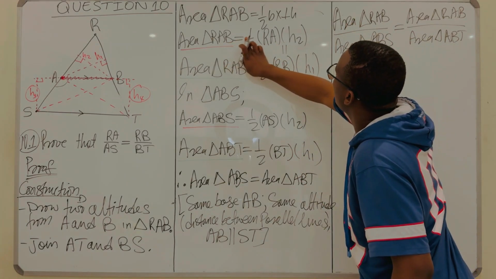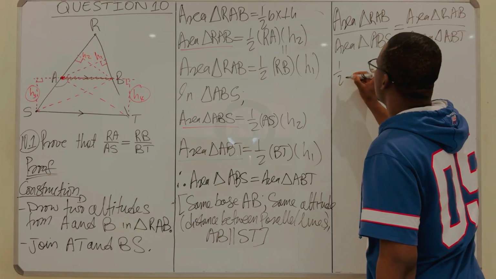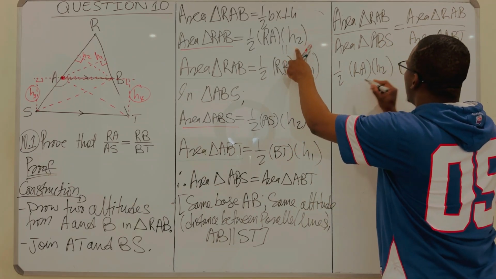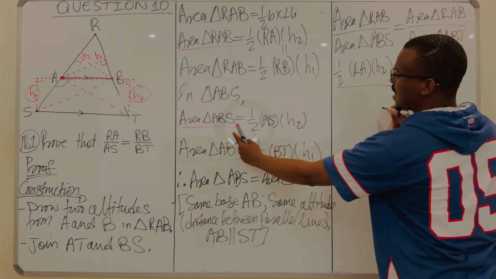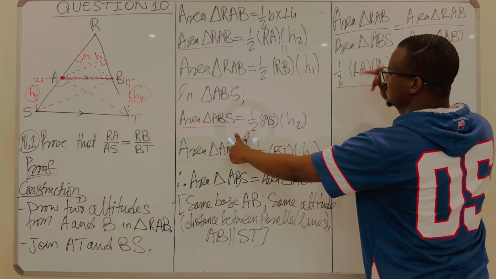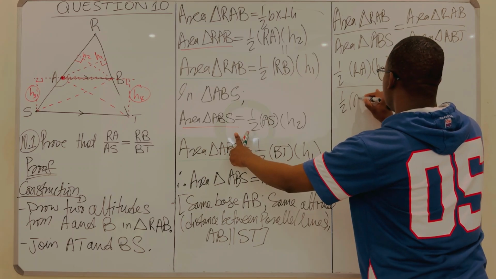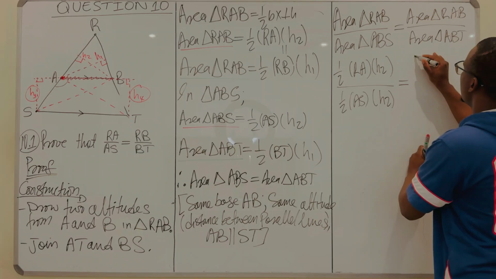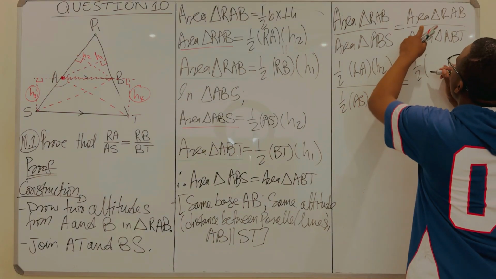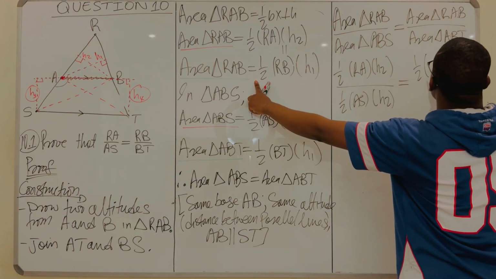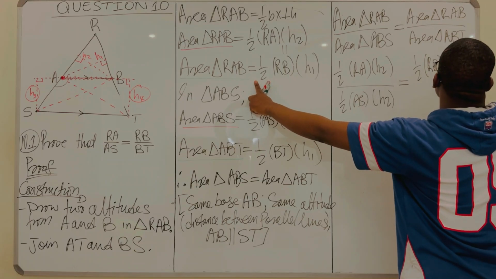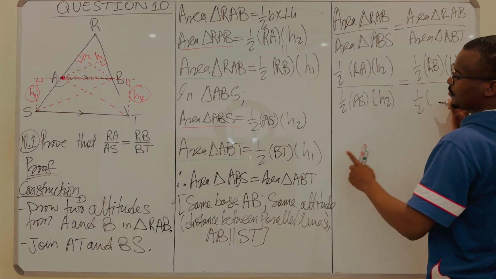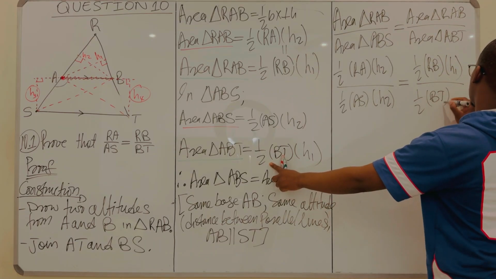So the area of triangle RAB, the red one, is half your base, which is RA, times the perpendicular height, which is H2, all over the area of triangle RABS, which is half your AS times your H2, is equal to what? It's equal to half of your triangle RAB, but the green one, which is half RB times your H1, all over half BT times H1.